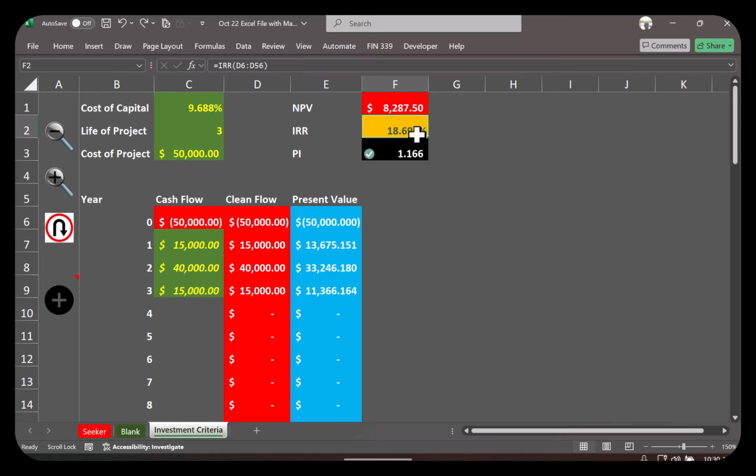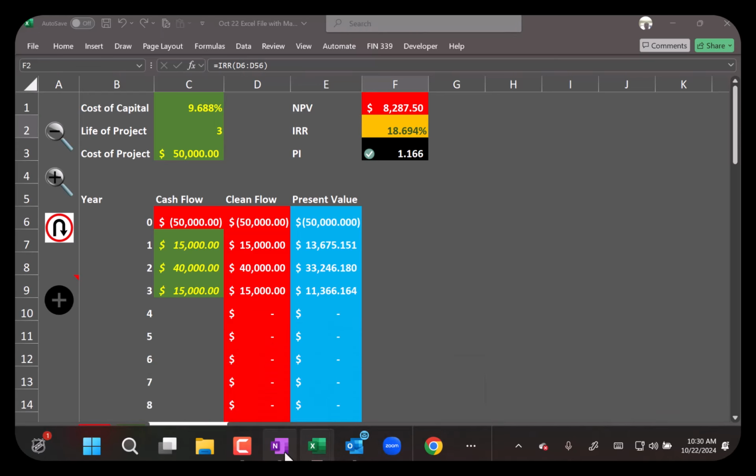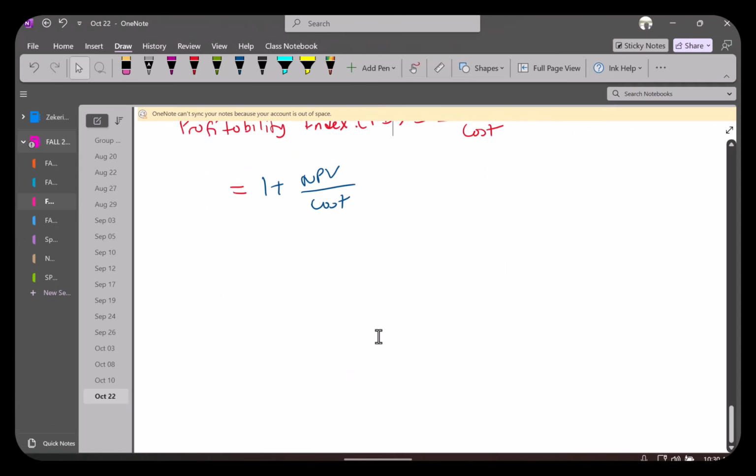Your book talks about 3 different ways of doing it. I'm using only one of them. The way I do it, I take the future negative cash flows, calculate their present values, and add that to the cost of the project and make that future cash flow 0. That's the modification. But today we're going to talk about a relatively simple one.